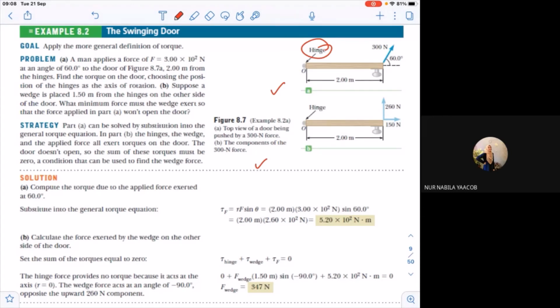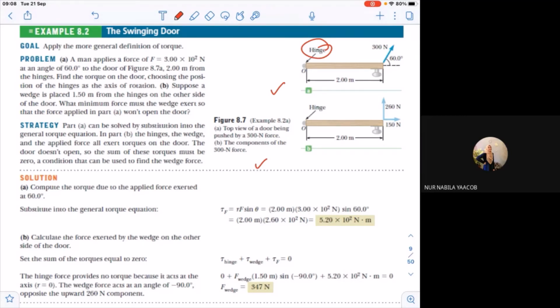When we're discussing torque, you should know about the lever arm or radius, and you should know about the force, that is, the applied force. You should also know where the center of rotation is.